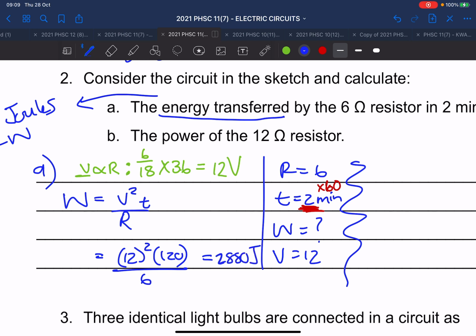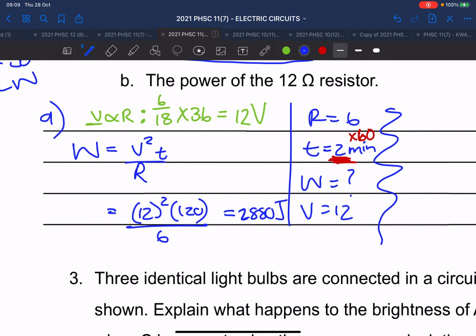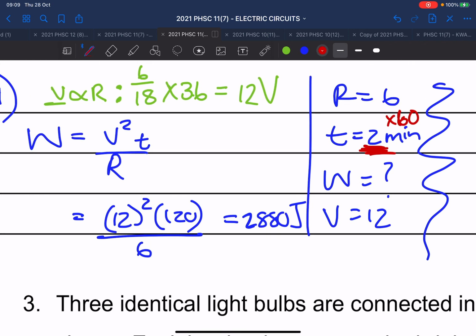Joules. Good. Katlego, if I ask you how many kilojoules is that, what would you tell me? You walk to school 2,880 meters. How many kilometers do you walk?